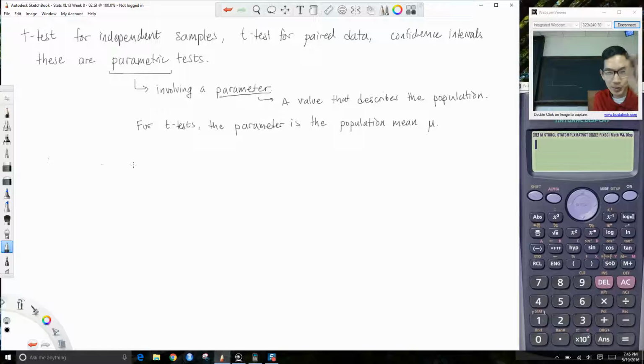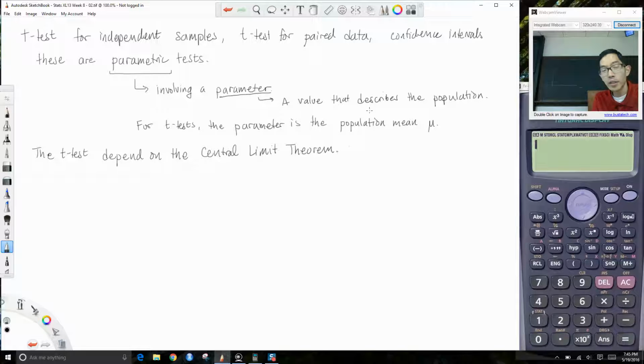So let's talk here. The mean is mu, and the t-test as well as confidence intervals depend on the central limit theorem.